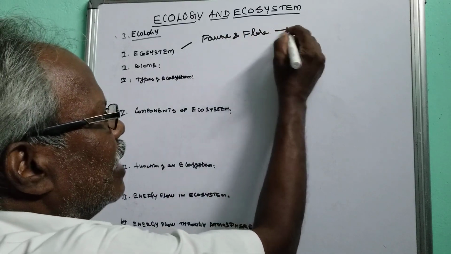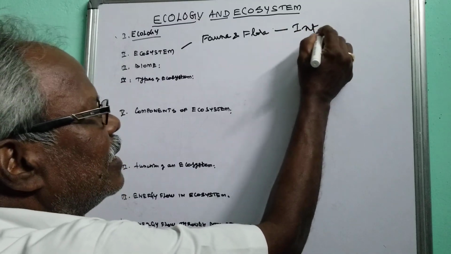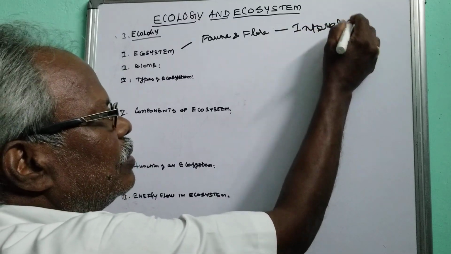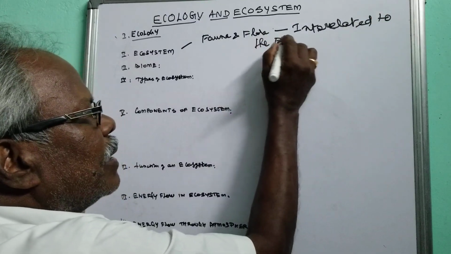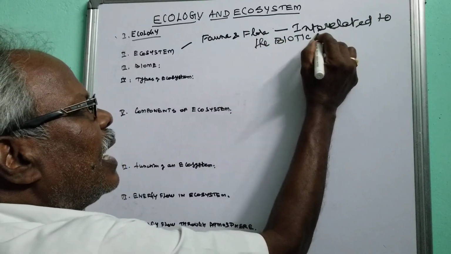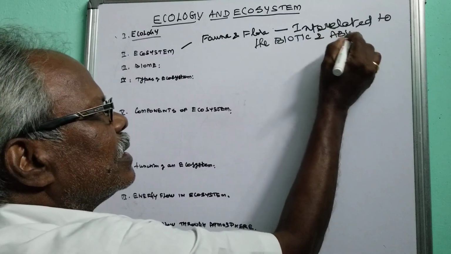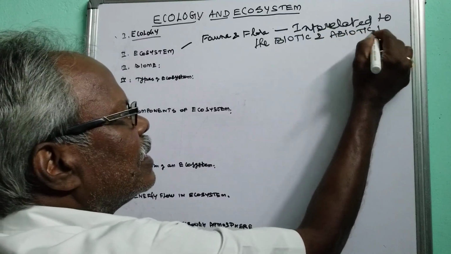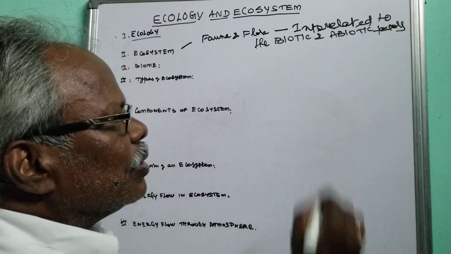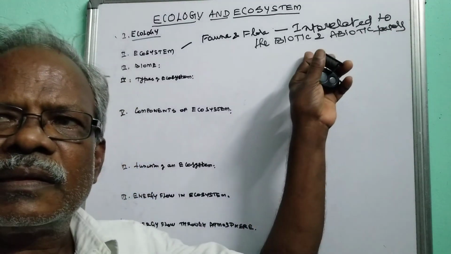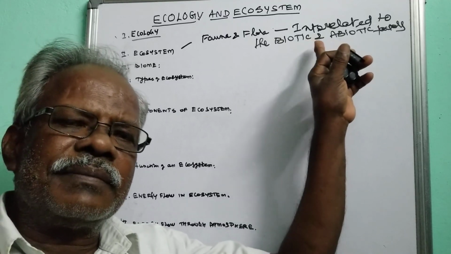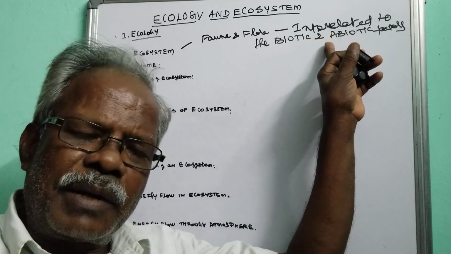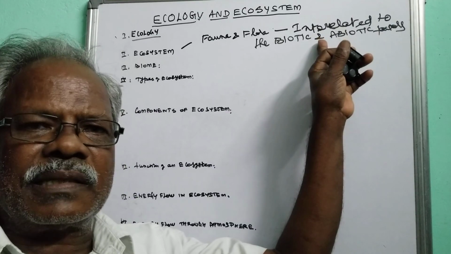These things are how they are interrelated to the biotic factors. Biotic means life, and abiotic factors. So the abiotic factors are the water or the sunlight and the atmospheric gases, carbon dioxide, oxygen.